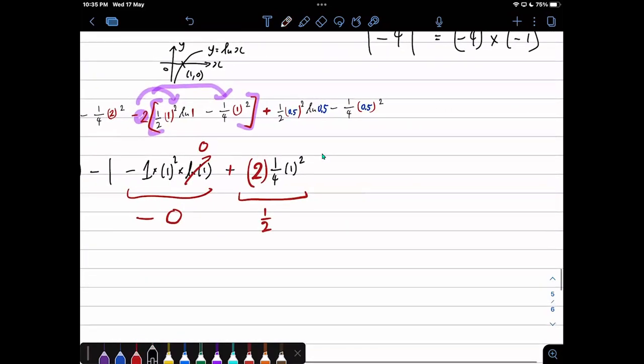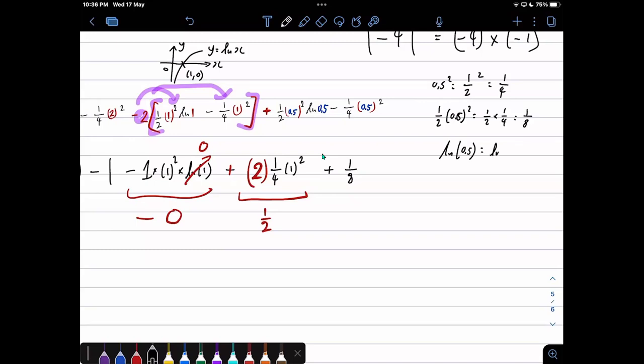Okay, moving on. Next plus, this one half times 0.5 square. 0.5 square means half square, which is 1/4. So half times 0.5 square is actually half times 1/4, which is 1/8. Good. 1/8 times ln of 0.5. Ln of 0.5 is a bit special because you can rewrite it as ln of 1/2.